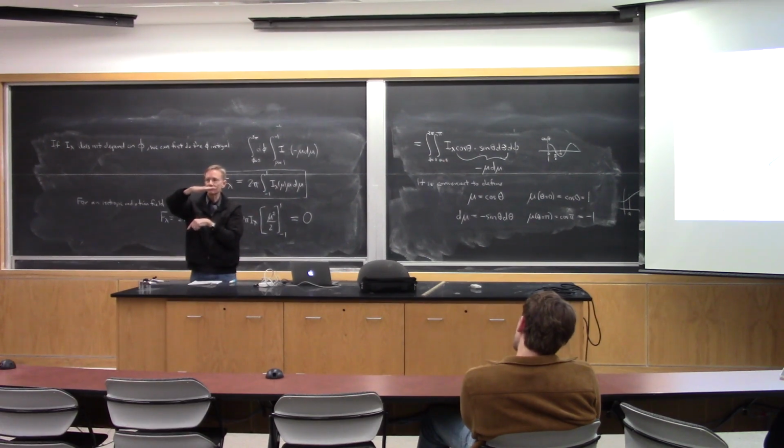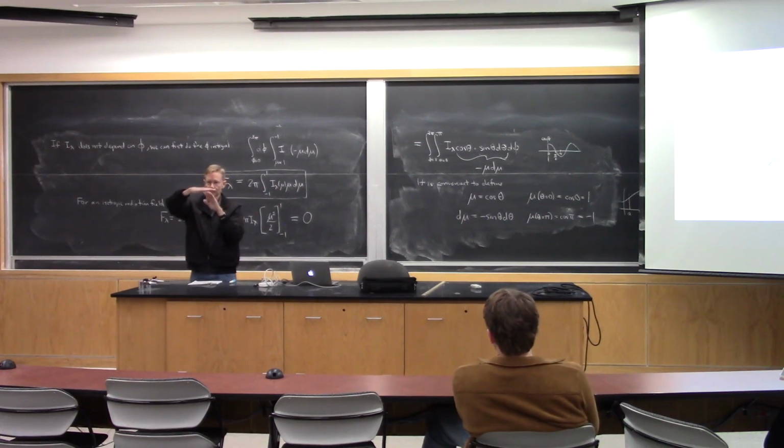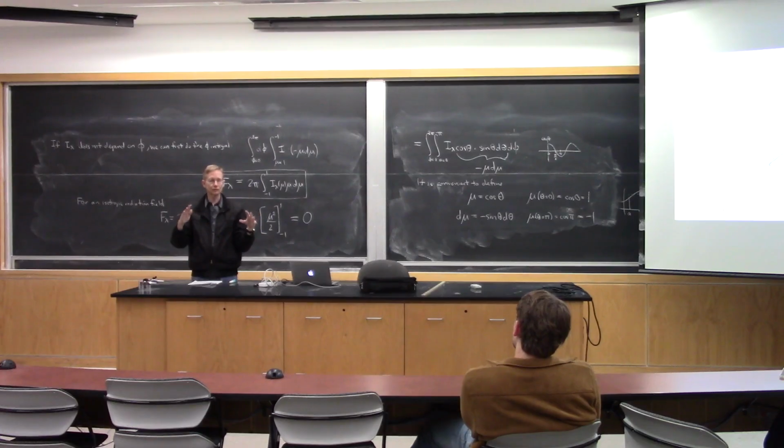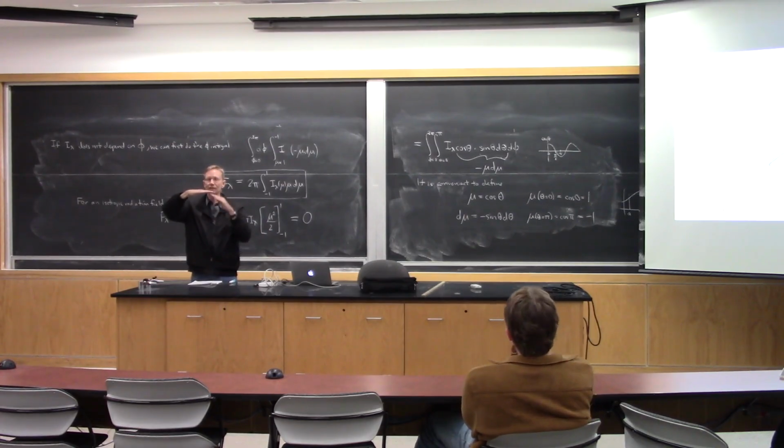So I've got my surface, there's radiation flowing outwards, there's radiation flowing inwards. If the radiation field is isotropic, how should those two things compare? They're equal to one another. There's just as much energy flowing out of the surface as flowing into the surface.